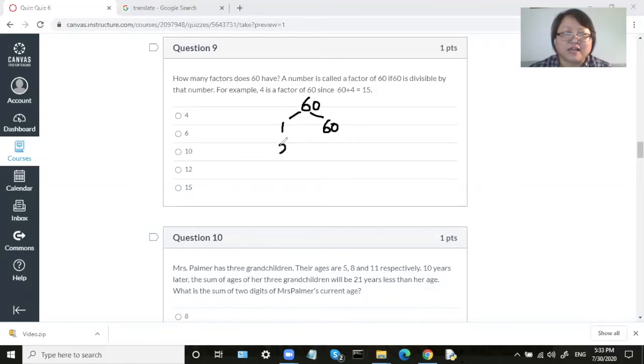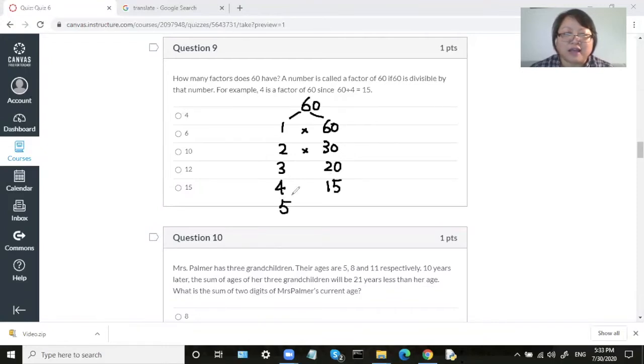Then we have the second pair, 60 divided by 2, we have 30. So you can see these two numbers, if they multiply by each other, equal 60, right? Then we can have 3 and 20. Then 4, and 60 divided by 4 is 15.